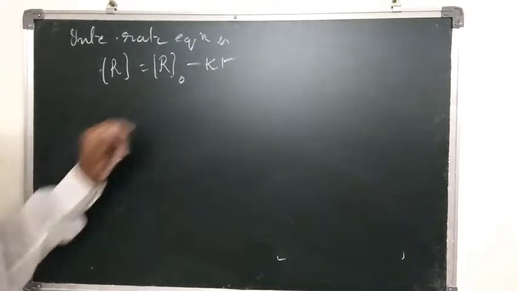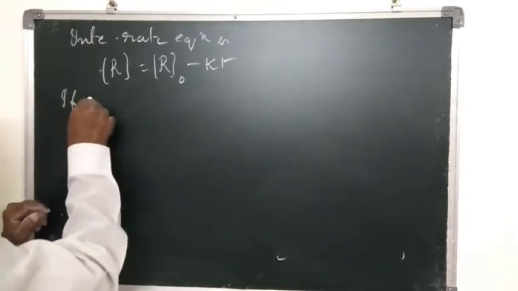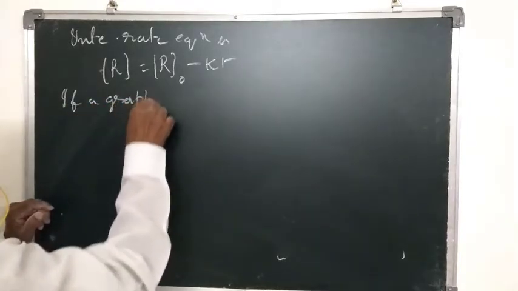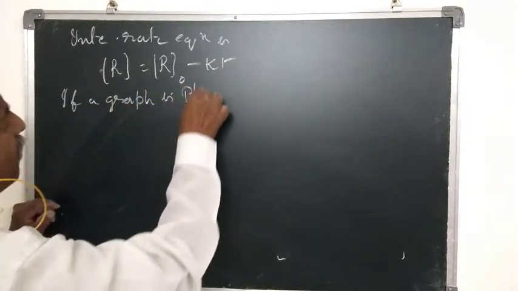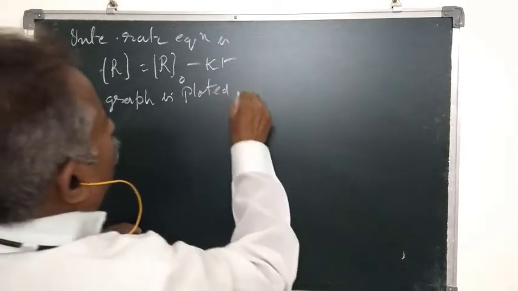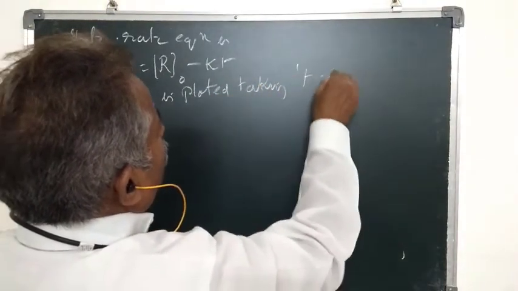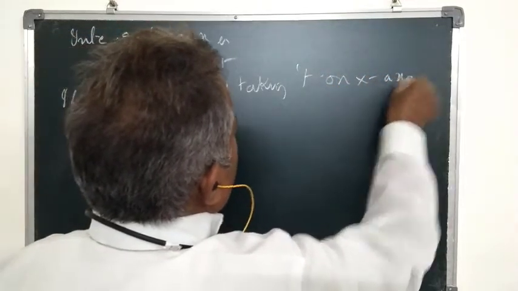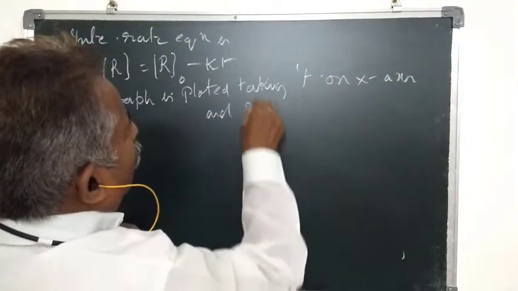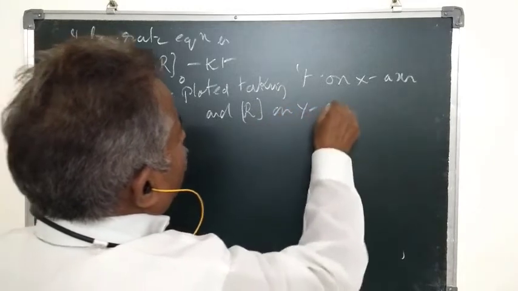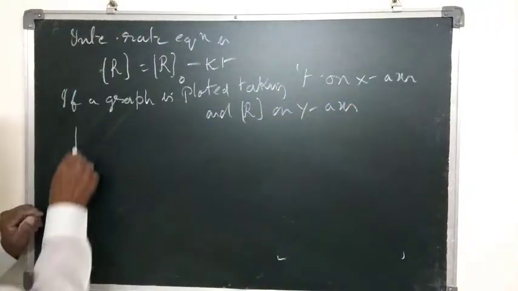So if a graph is plotted taking t on the x-axis and R on the y-axis, the graph comes in this manner.